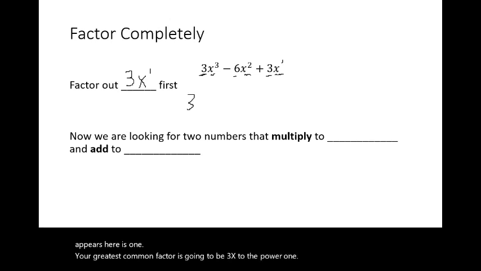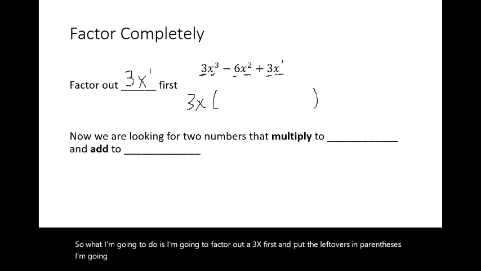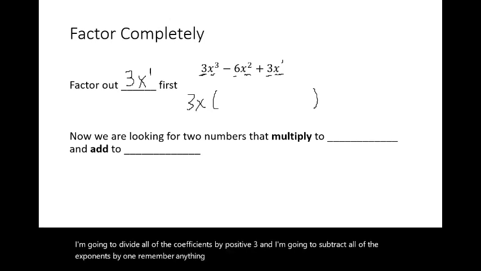So what I'm going to do is factor out a 3x first and put the leftovers in parentheses. I'm going to divide all of the coefficients by positive 3, and I'm going to subtract all of the exponents by 1. Remember, anything divided by itself is 1, and anything to the power 0 is also equal to 1, and x to the power 0 will effectively cancel out.